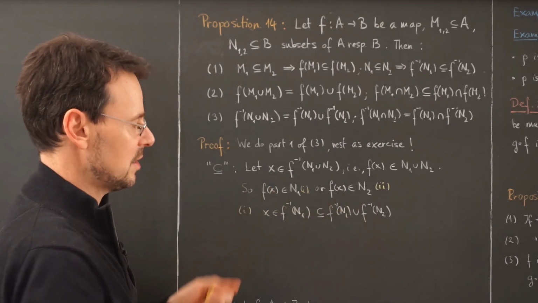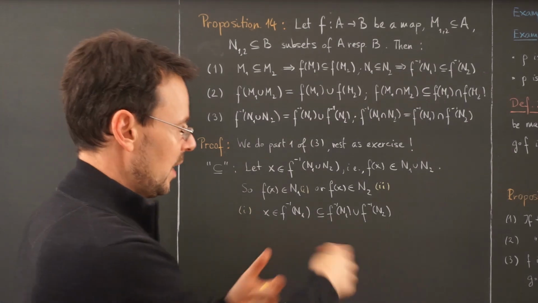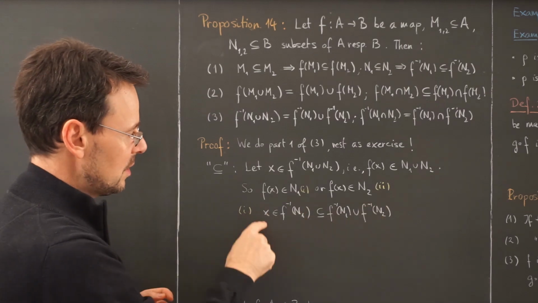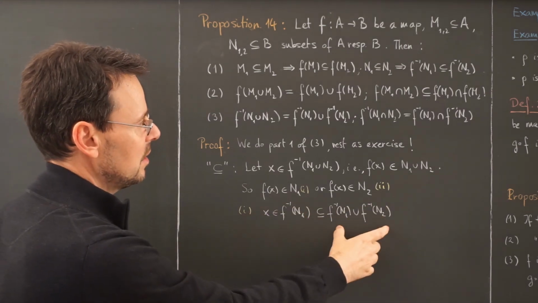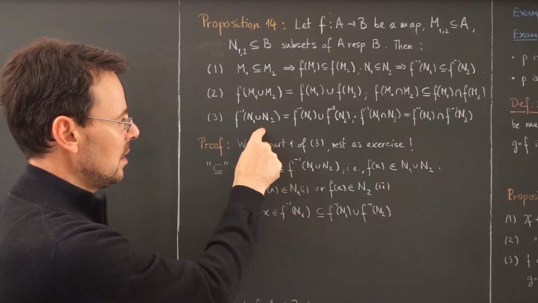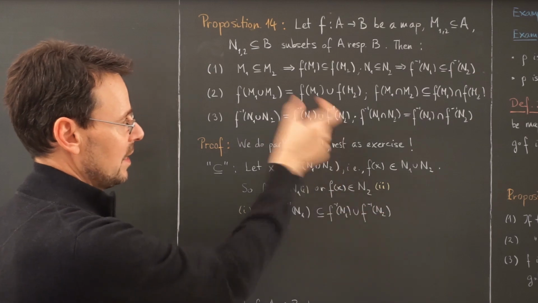It cannot become smaller because they take all the elements that lie here or here. So if you read this, this means that x lies in this set here, and this is what we wanted to show. We started with an x here, and we arrived at the conclusion that x also lies in this set.